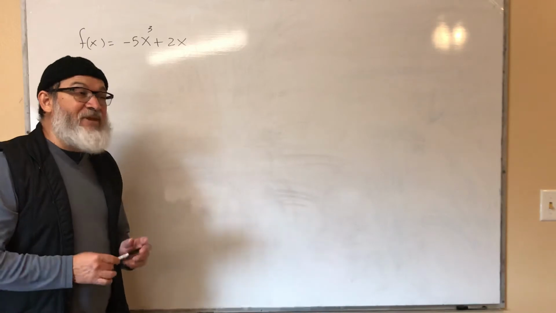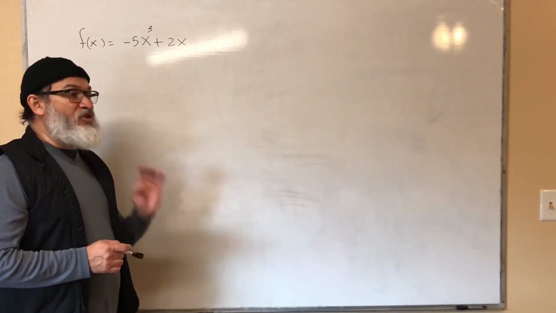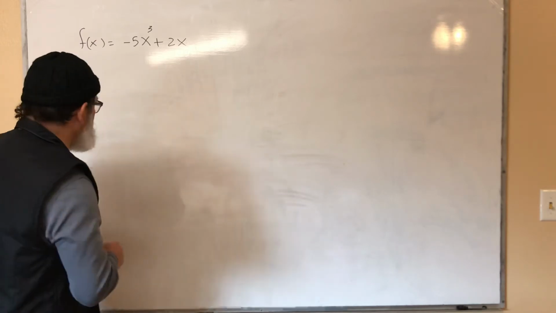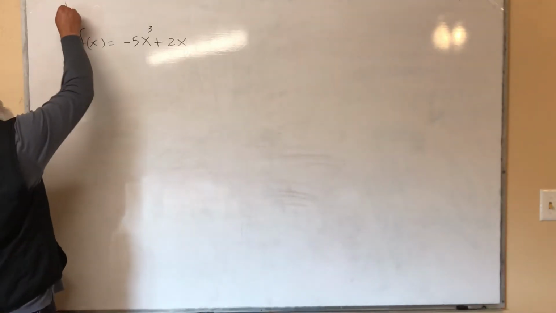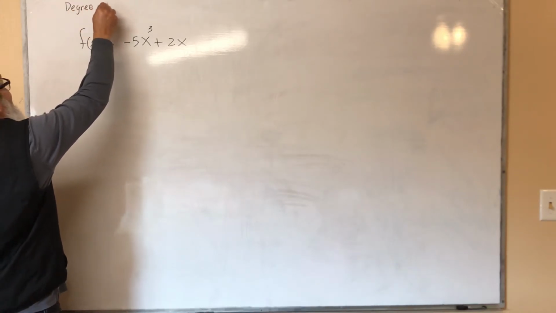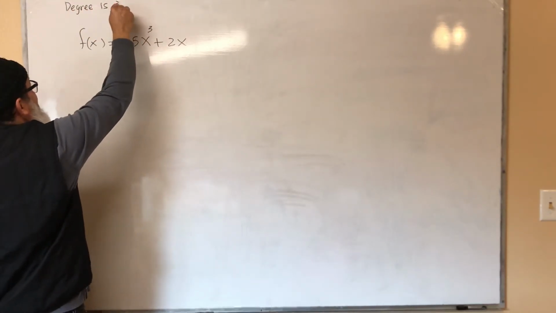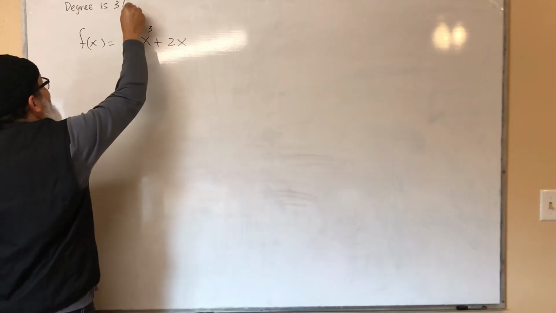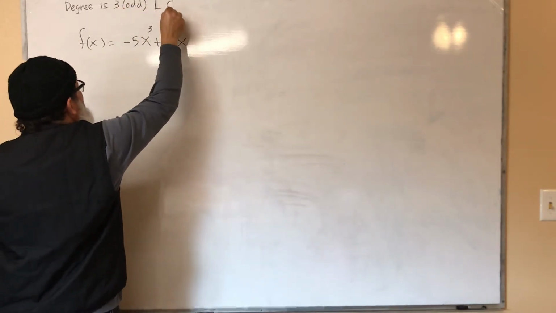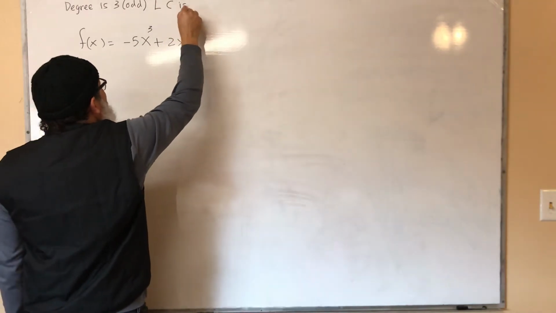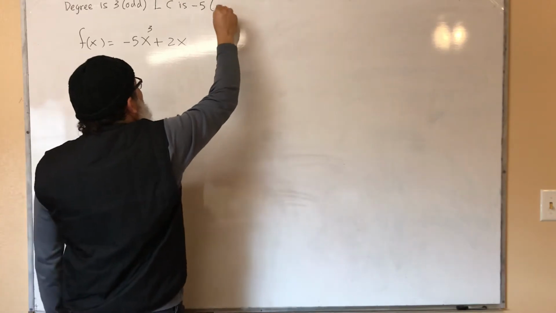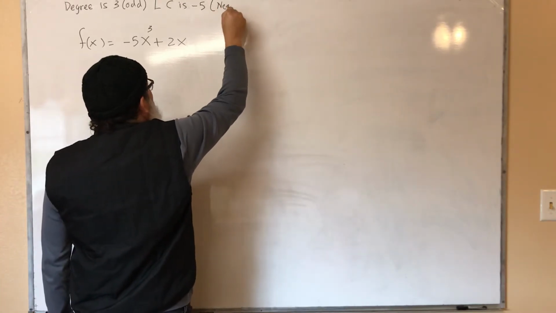Well, for the end behavior, we first must look at the degree and the leading coefficient. Degree is 3, odd. Leading coefficient is negative 5, negative.